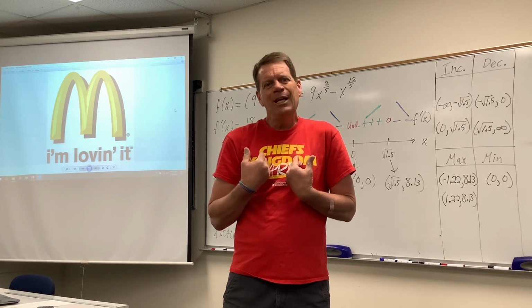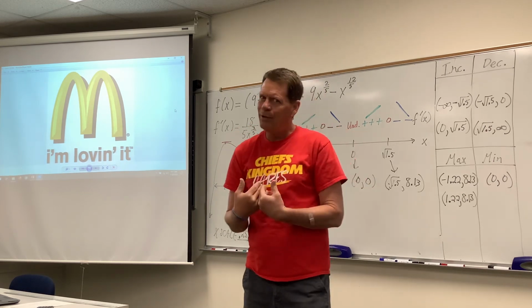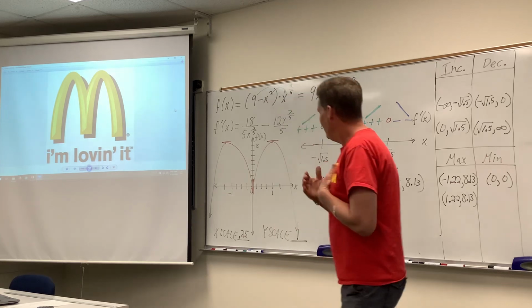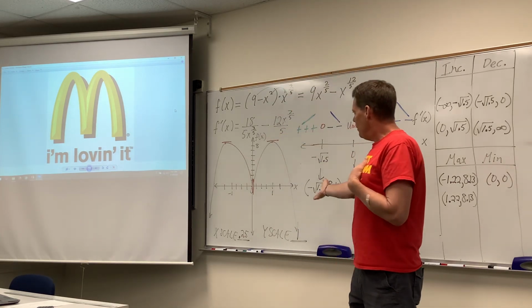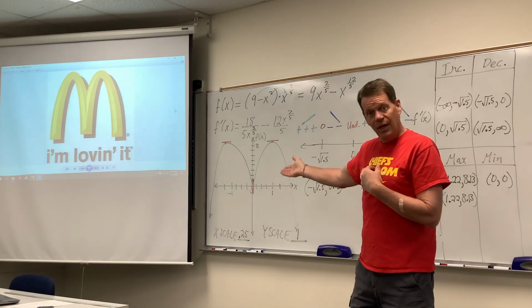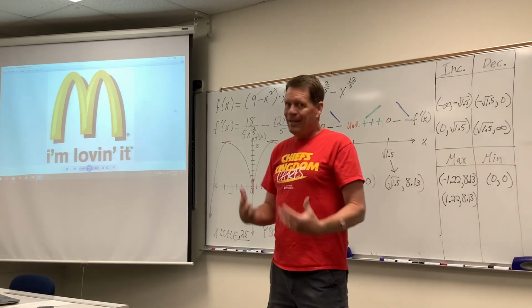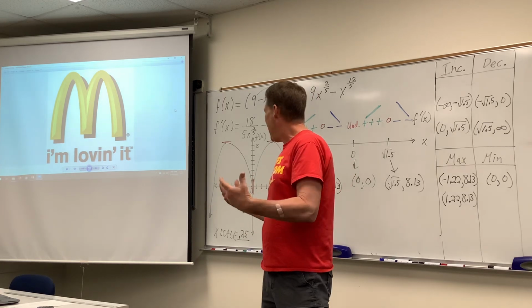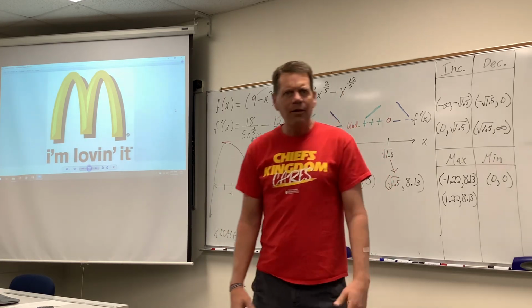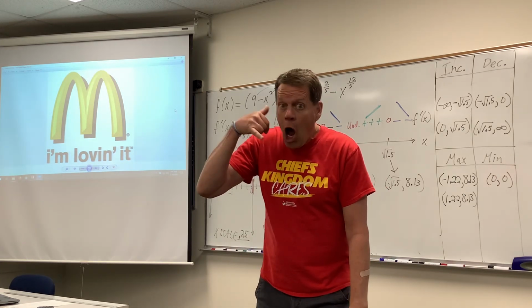But my agent, on this one, is not on the ball because I don't have an endorsement contract yet with McDonald's. So I would love to someday be able to say that this example was brought to you by McDonald's and then reap the financial rewards. That hasn't happened yet. So if anybody out there knows anybody with McDonald's, call me.